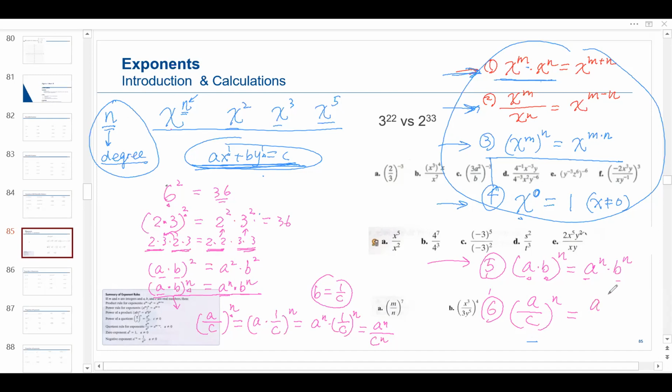Numerator powers itself, denominator powers itself. Understand? Okay. So we have done this one by one, just based on the rules. We deduce here, so you should be able to understand step by step.